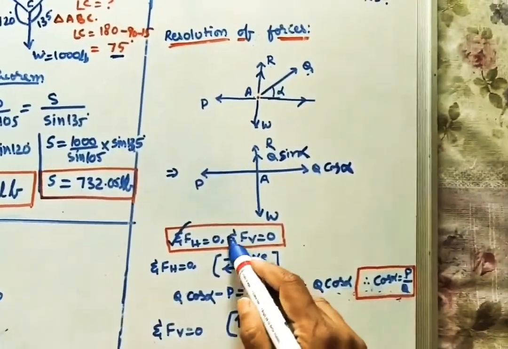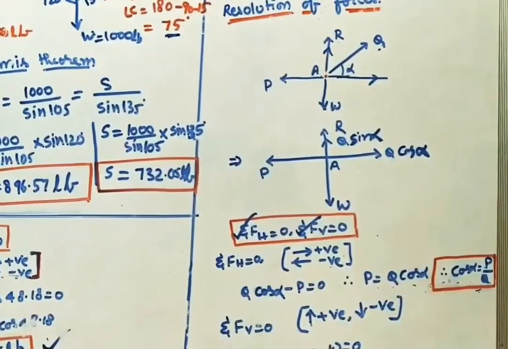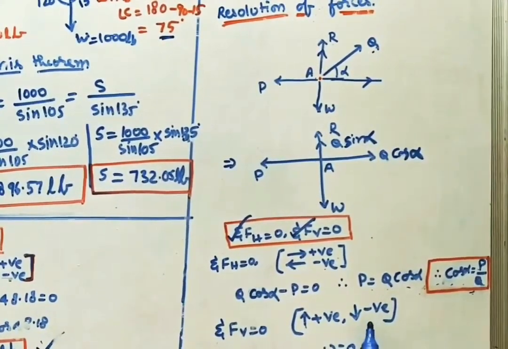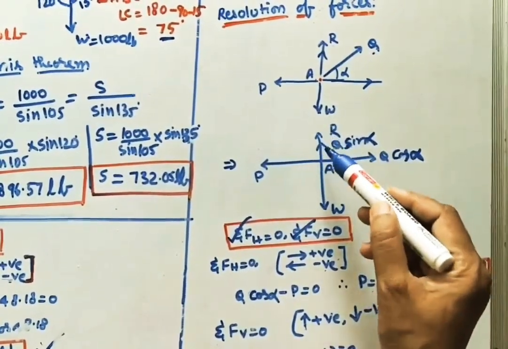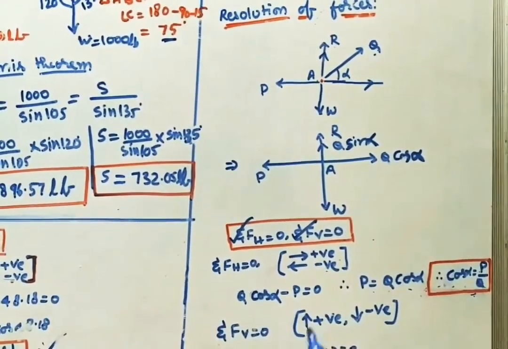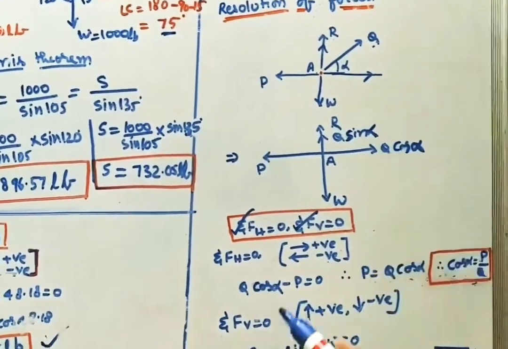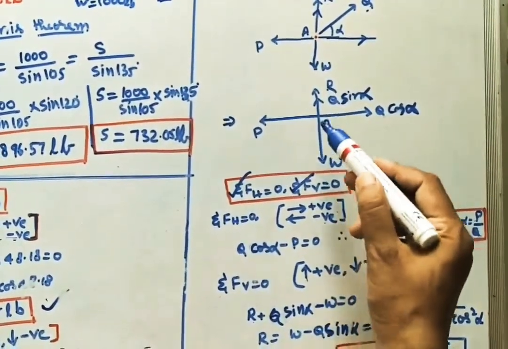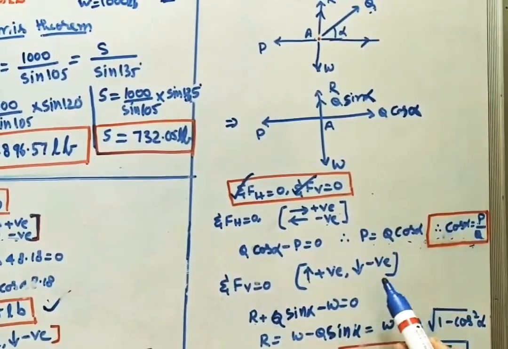Similarly apply the next condition, sigma Fv is 0. Now here in sigma Fv is 0, upward force is positive, downward force is negative. What are the upward forces vertically? R and Q sin alpha. Downward force is W. So write down R plus Q sin alpha minus W, downward it is minus.